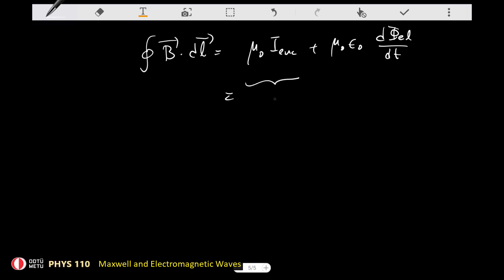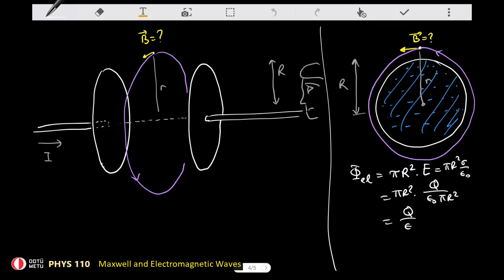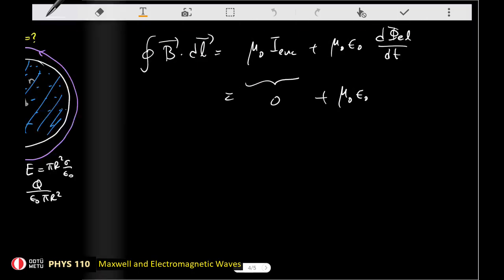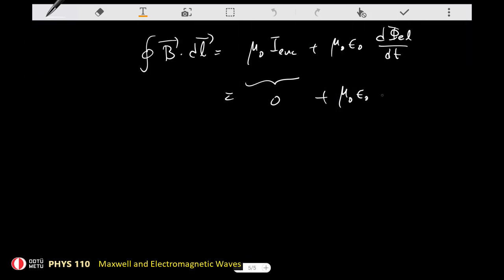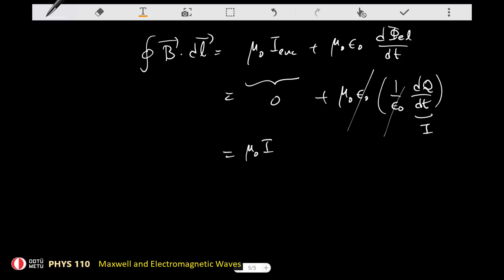Enclosed current is equal to 0, and the flux is the electric flux. I forgot again, so that was Q divided by epsilon 0. So let me also correct this. Therefore, this is 1 over epsilon 0 dQ over dt, but dQ over dt is the current. Epsilon 0 goes away, so we again get mu 0 times I.